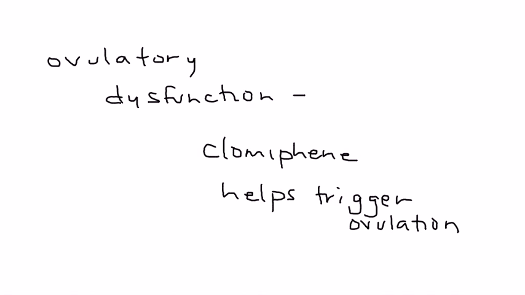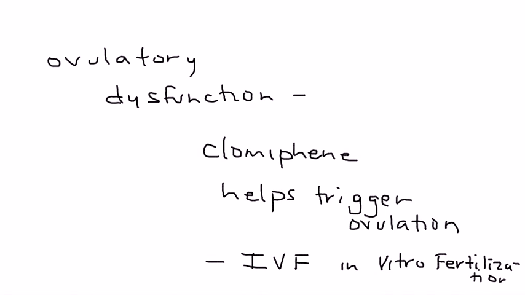I wanted to also talk about another solution, and that is in vitro fertilization. In vitro fertilization is actually a very modern way of handling infertility. Basically, you take a sperm and an egg and you fuse them in vitro in a test tube, and then you implant the zygote into the uterus.